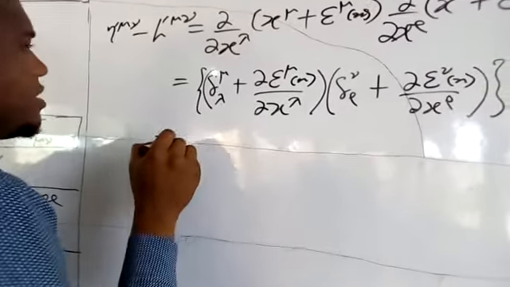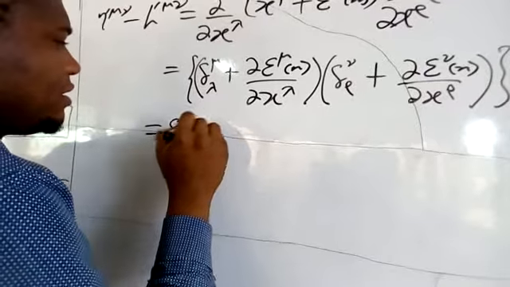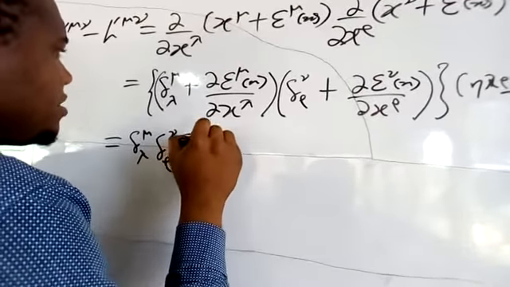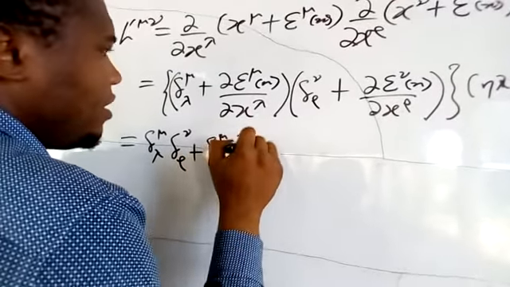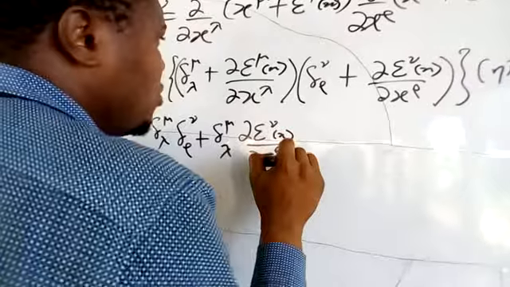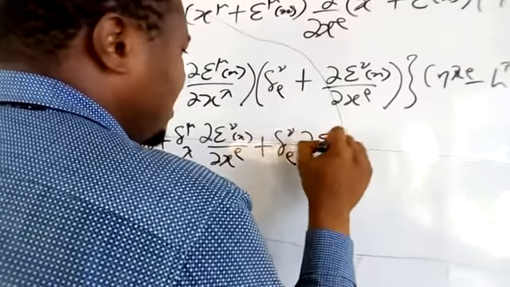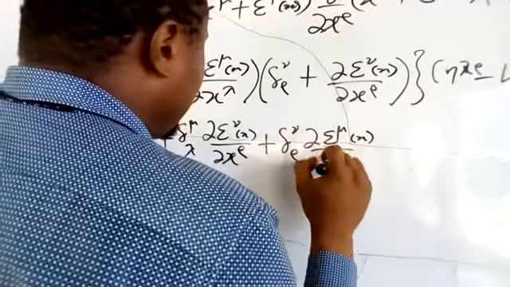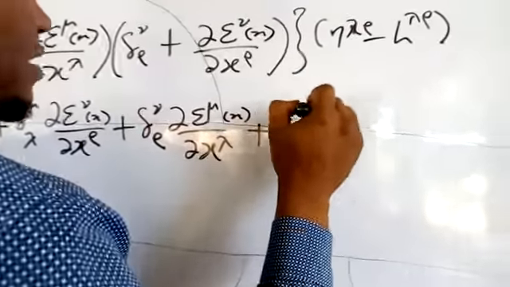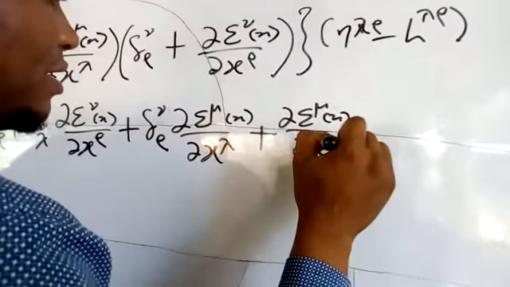This again is equal to, I open up this bracket, δ^μ_λ δ^ν_ρ plus this δ^μ_λ ∂ε^ν of x, ∂x^ρ, plus here δ^ν_ρ ∂ε^μ of x, ∂x^λ, and then I have here plus multiplying those last terms.